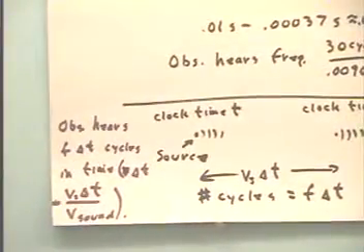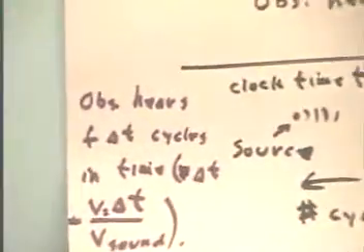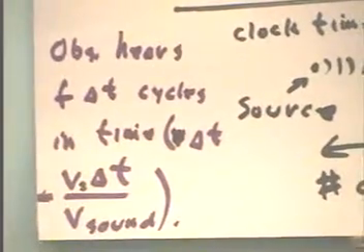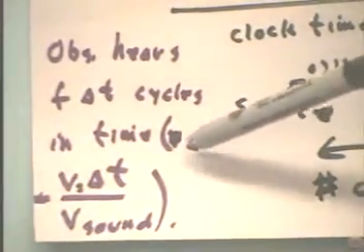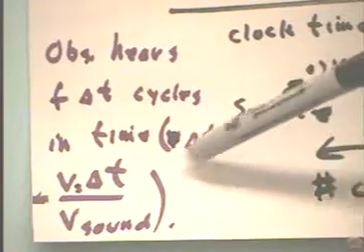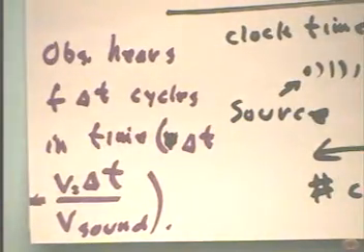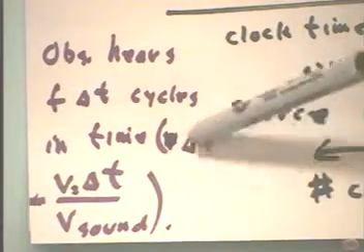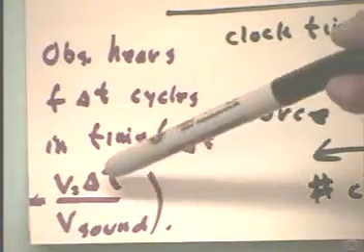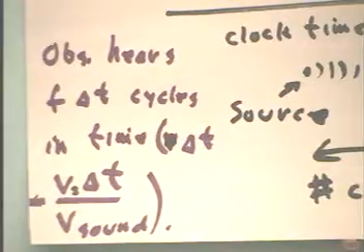So we can make a statement like this: the observer hears f delta t cycles in time, what? Delta t minus Vs delta t over the velocity of sound. Okay, the sounds were emitted in time delta t, but they're going to be heard in this much less time. What do we conclude from that?